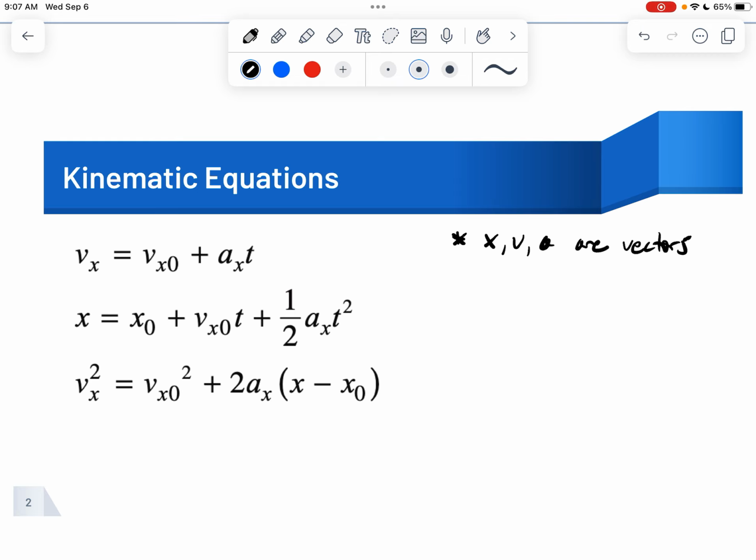So again, thinking about how we define all of these variables, that little subscript 0 means it's going to be an initial quantity. So we've got initial position. If it's just the x, we have our final position.